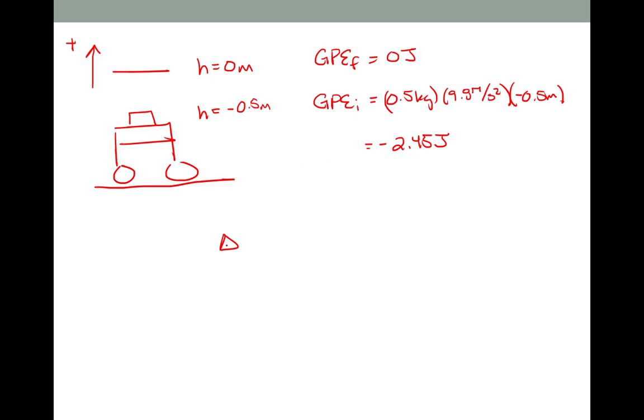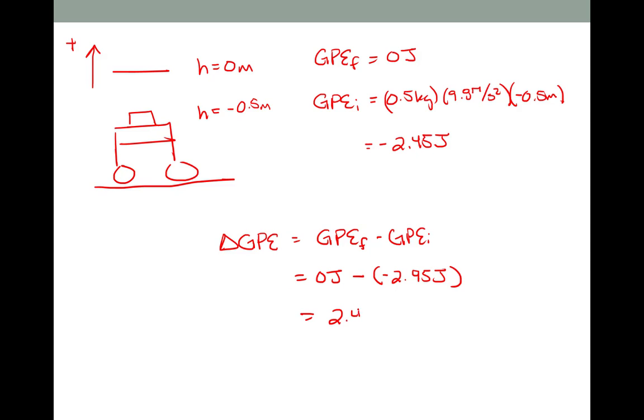Okay. But my change in GPE, final minus GPE initial, will be 0 joules minus negative 2.45 joules. And I still get a change in energy for this motion of 2.45 joules, regardless of where I put h equals 0.